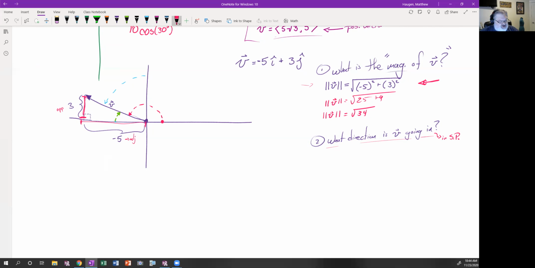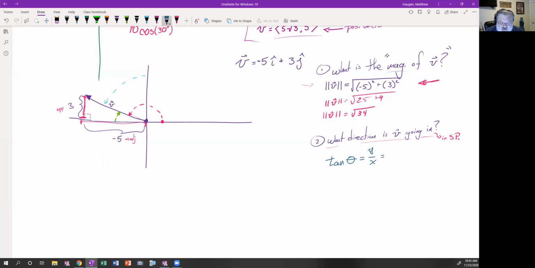We have a trig function that relates angles to opposites and adjacents, a trig function that references angles in terms of x's and y's. It's our tangent function. The tangent of that angle in standard position will be the ratio between the y and the x.